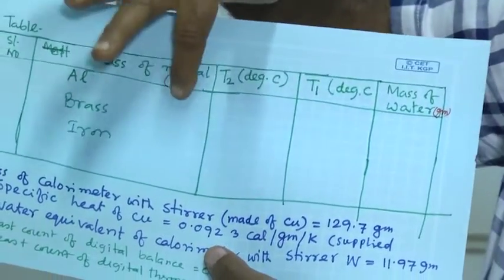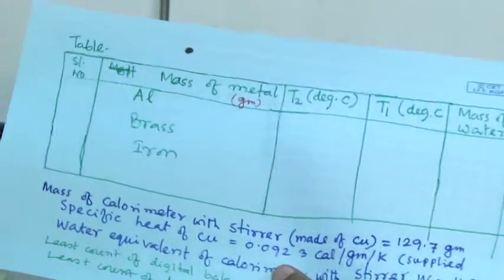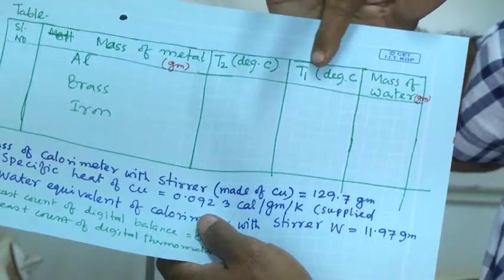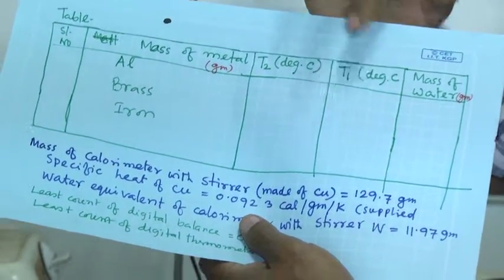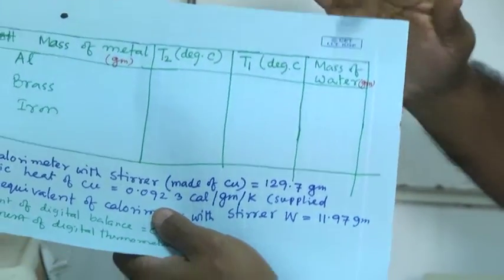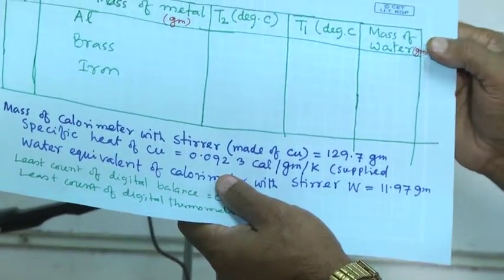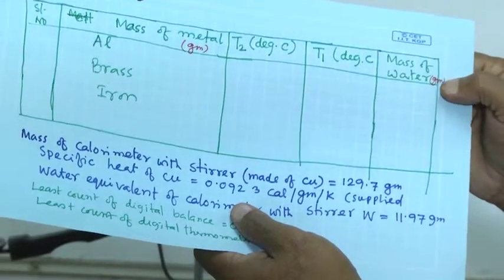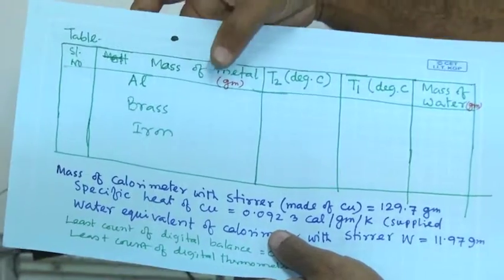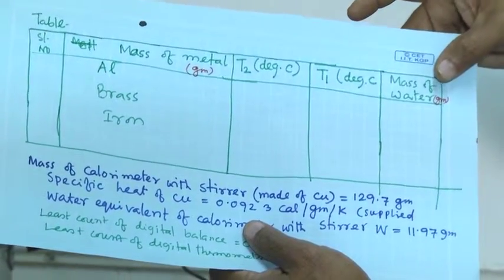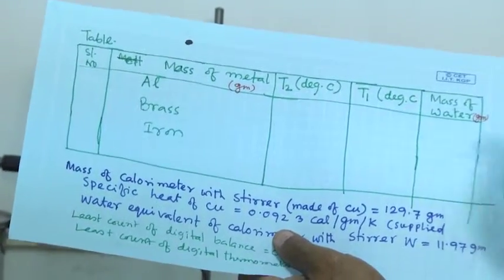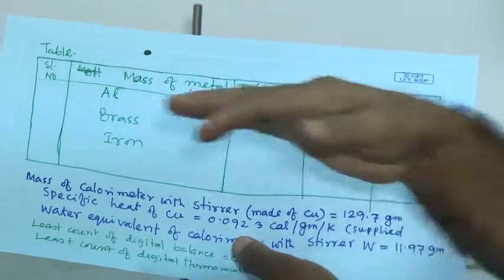Yeah, I have to write this one, and then temperature T2 as 99, and temperature T1, that was 22, I have to write. Then the mass of water in gram, because every time I am changing the water.